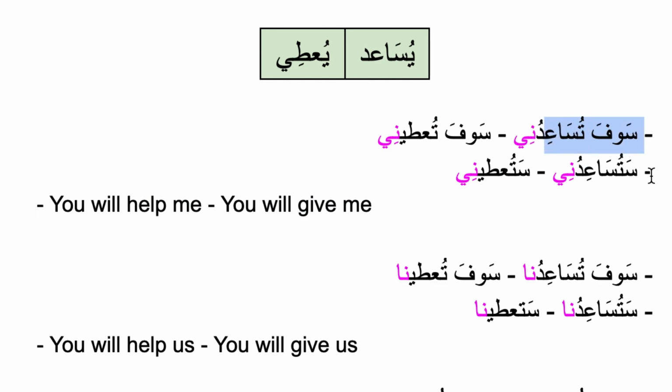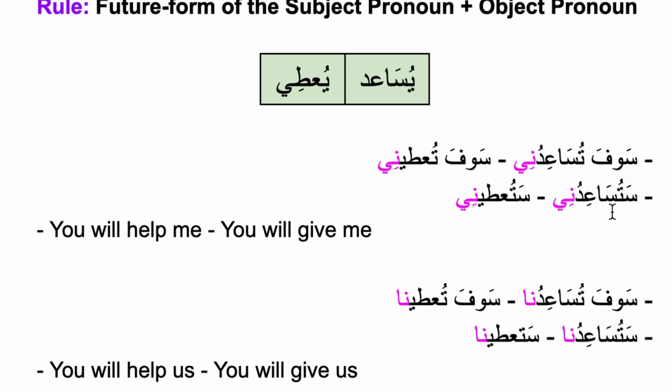Or ستساعد, you will help. تساعد in the present tense, and when you add سوف or sa, the sin, to the first of the verb, then it becomes the future tense. We have already learned this in the previous lesson, so we're not going to talk about this in this lesson.